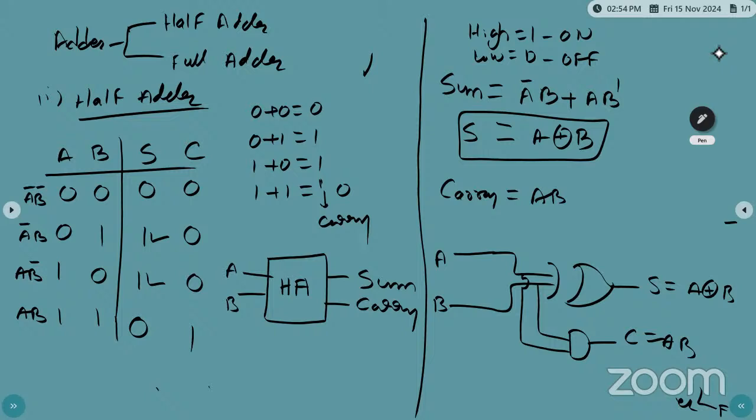Now the logic circuit for the half adder is one XOR gate and one AND gate. That is the logic circuit.